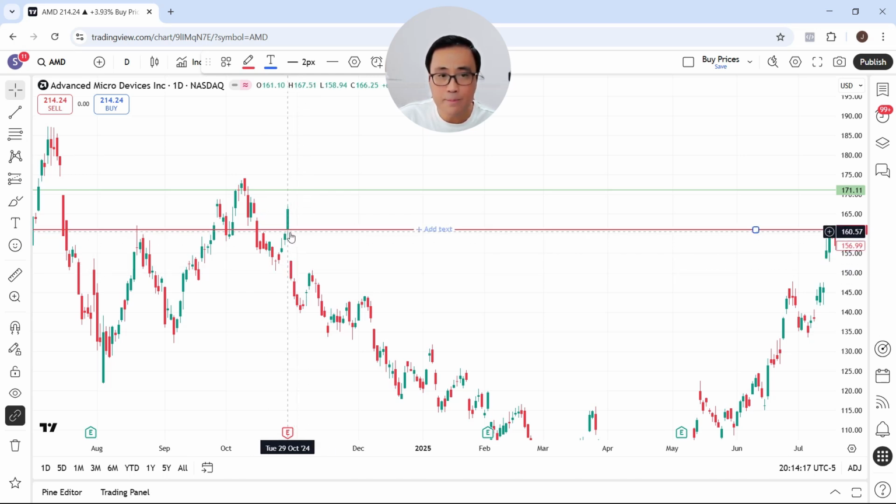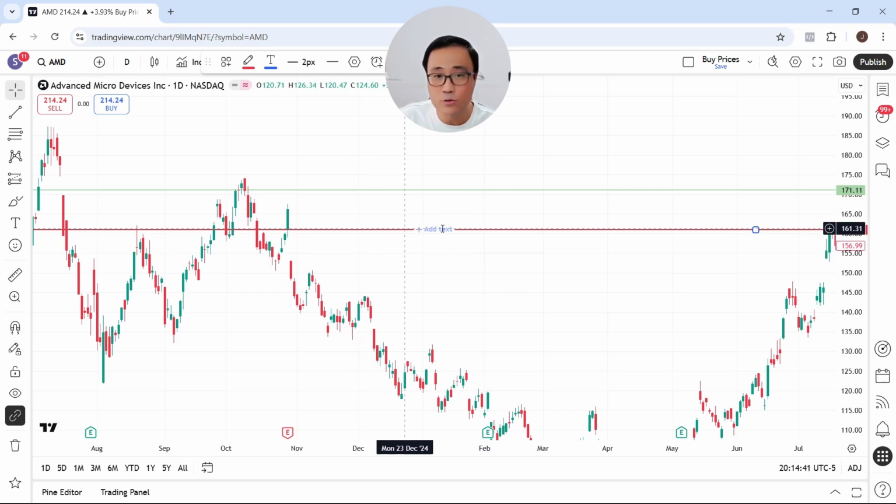What happens is on a gap down, the previous day high becomes a resistance level, which means when eventually price action wants to close this gap, and it wants to close by going upward in price, usually this becomes a level of resistance.